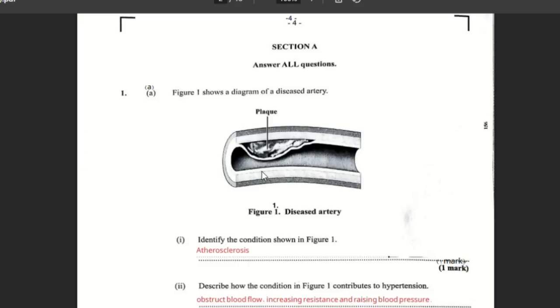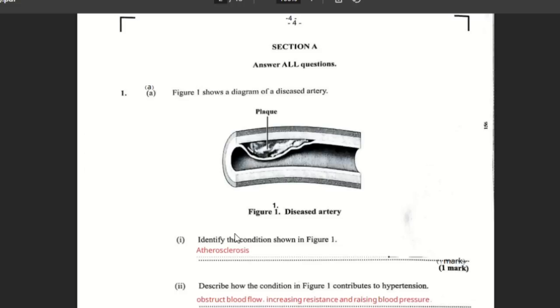What we have here specifically that's going to tell us what kind of disease it is, is the plaque. As you can see, the plaque literally builds up, and plaque is a mixture of different things, like cholesterol and all that stuff that gets stuck in the arteries, and it can cause this condition right here called atherosclerosis. We cannot pronounce it, but this is the condition.